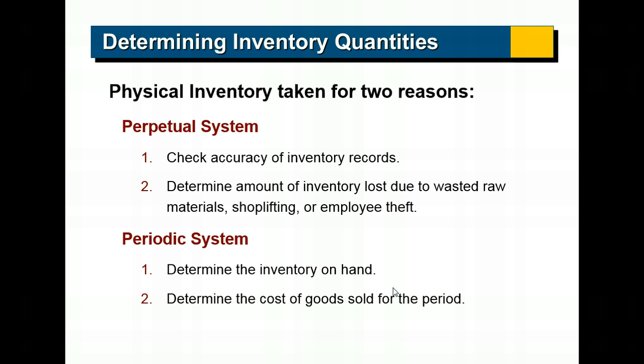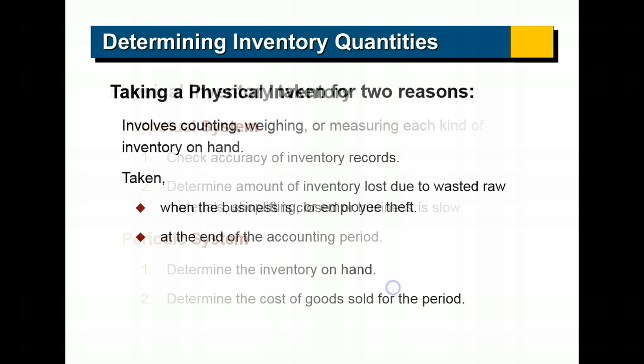So know that the periodic inventory is basically a one-time deal. All the purchases get applied to purchases, and then at the end of the year when we determine what's available, that's how we then determine our cost of goods sold. The perpetual system is much more up to date. You always know where you stand.